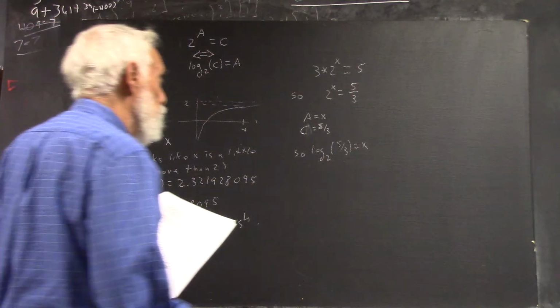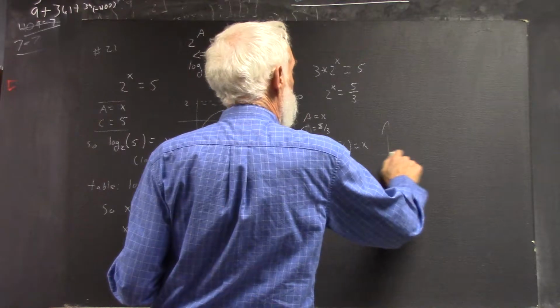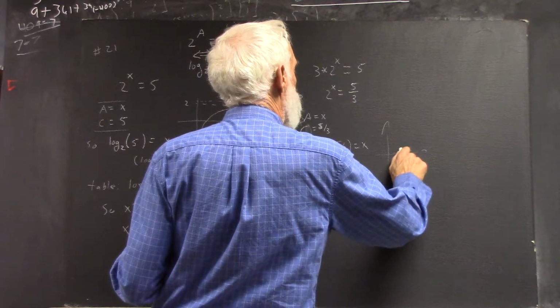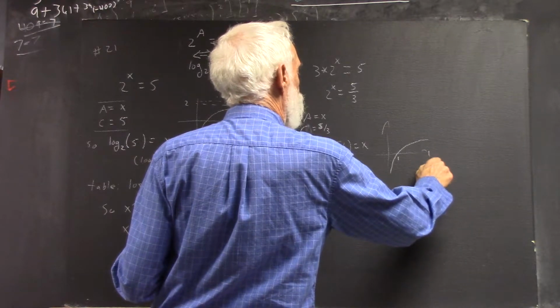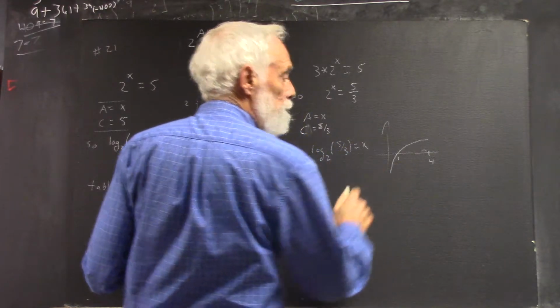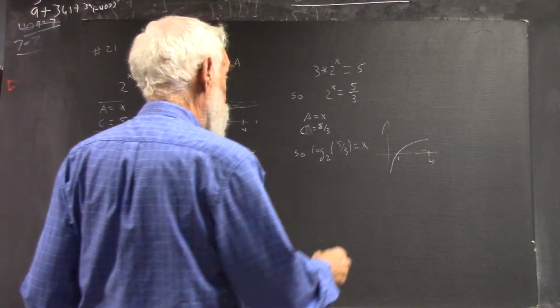Well, 5/3, we can do this. I mean, here's 1, out here's 4. 5/3 is 1 2/3, which is about 1.7.